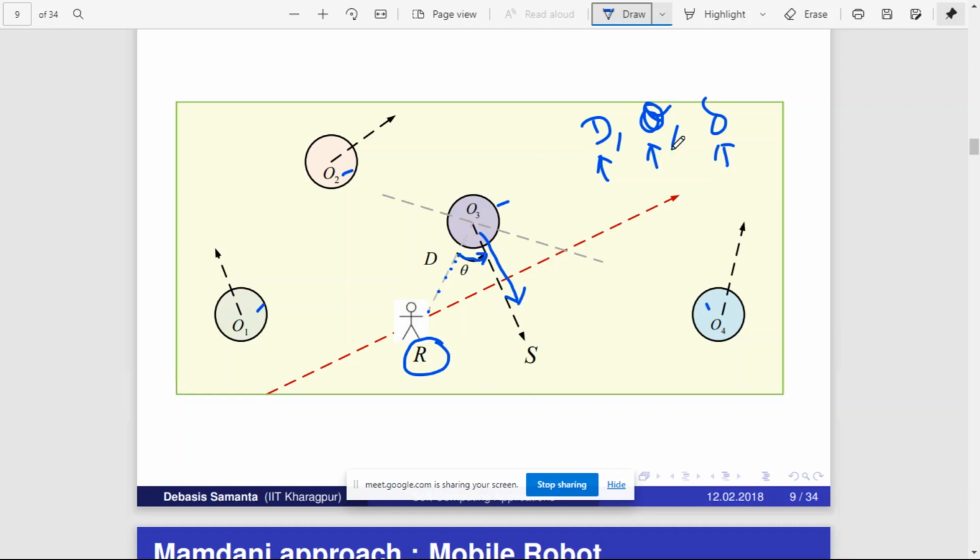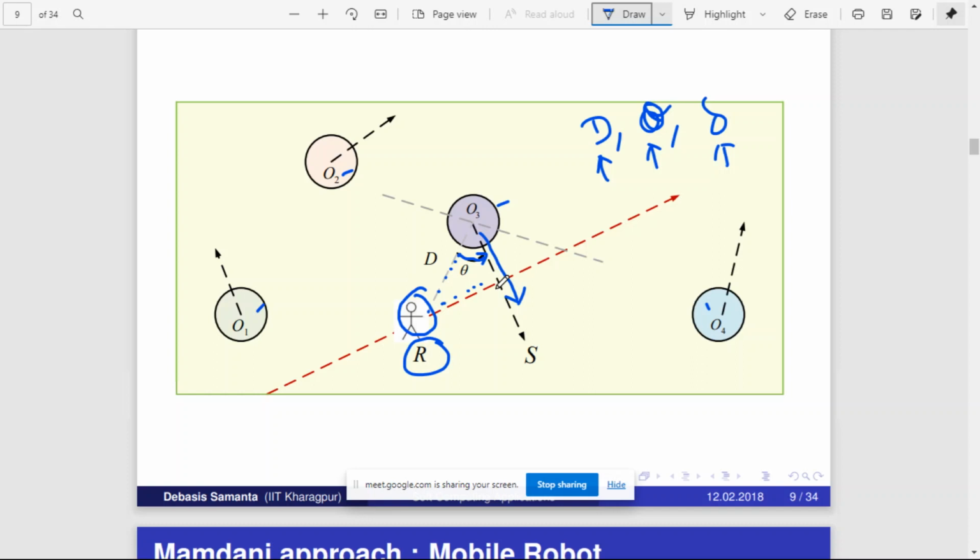Delta is deviation. What it says is, if there is a chance that the robot may clash or collide with any of the objects, then to avoid the collision, how much it should deviate. So in this case, for example, if the robot is following this path, then it is highly likely that it may collide with the object O3.